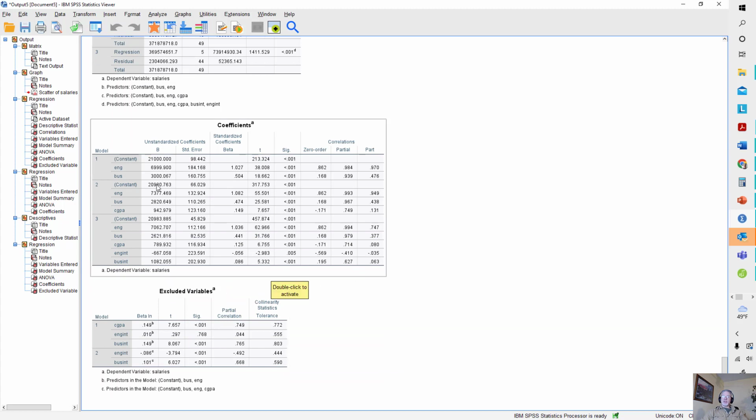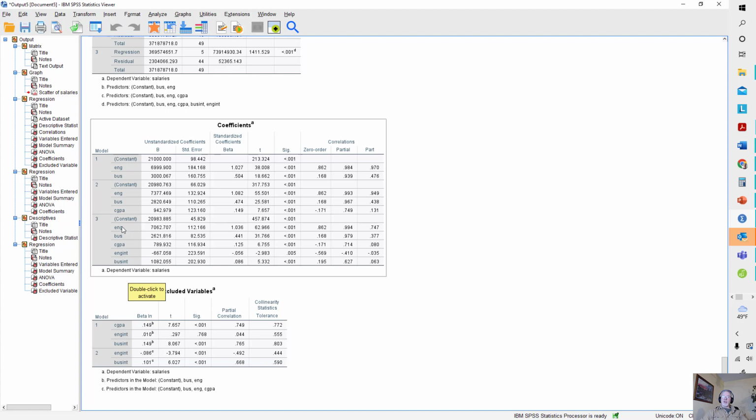I'm then interested in looking at my coefficients. Since I centered, I don't see any big changes between what happened at step one, step two, and step three. So hence I can go down to step three. In step three, I can see that my constant was basically around $21,000, 2983. This gets interpreted, as do all terms, when the other terms are zero.